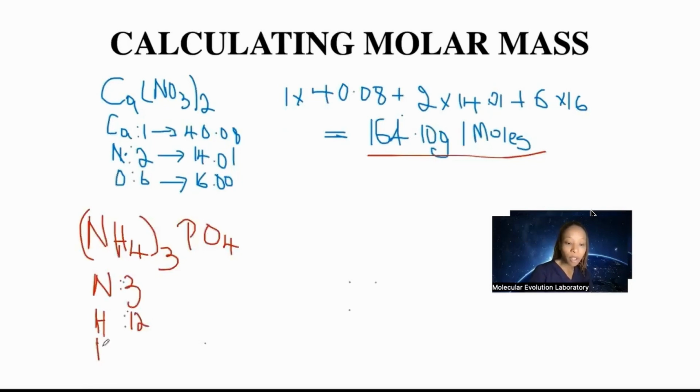We have 1 phosphorus and 4 oxygen. The atomic mass of nitrogen is 14.01, hydrogen 1.01, phosphorus 30.97, and oxygen, we already know, is 16.